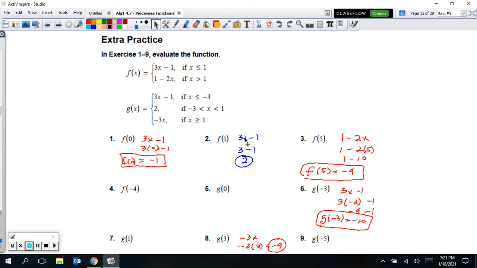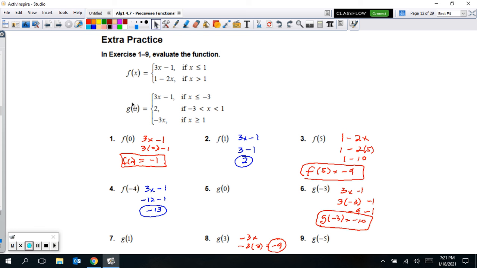So you're just going to plug in 1, so 3 times 1 is 3, 3 minus 1 will be 2, so you should get 2 for number 2. Number 4, the function you should be using for negative 4 is also the 3x minus 1, because negative 4 is less than 1. And so you're going to say negative 4 times 3, which would give you negative 12. And then negative 12 minus 1 is negative 13 for that one.